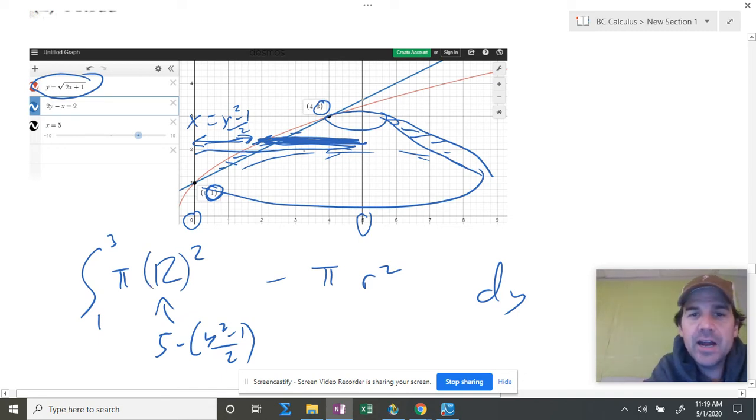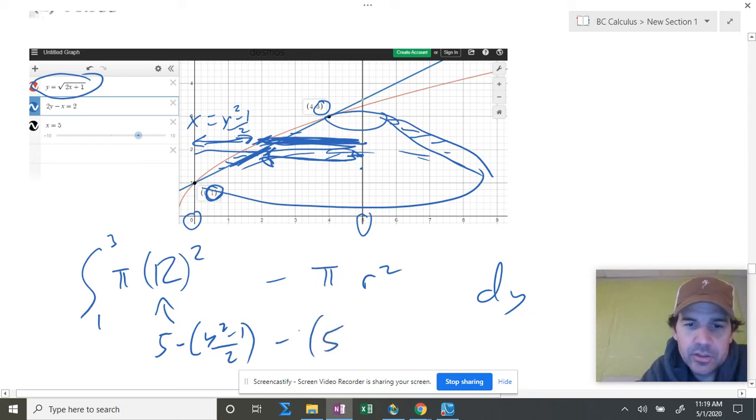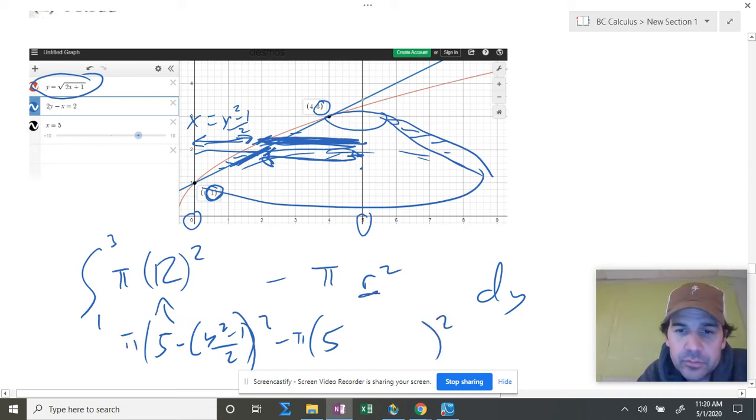My little r, you find it the same way. To find the distance from this line over to this line, again, you have to go all the way back to the origin, or back to the y-axis. So you go 5. This little r is 5 minus this distance, but you have to solve for this thing in terms of y.